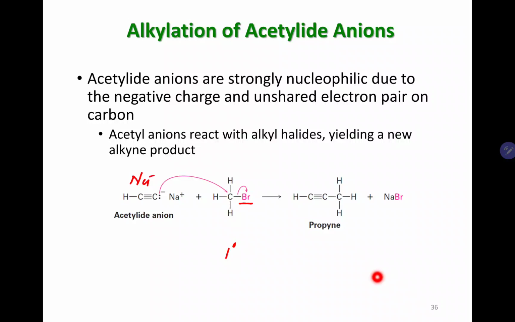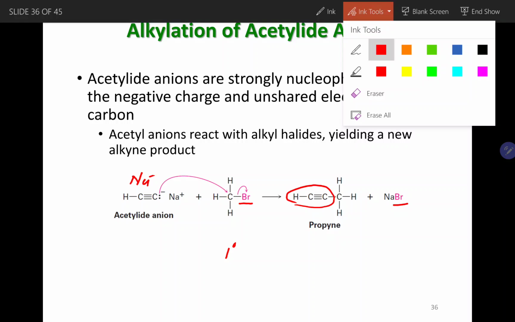In this reaction, the bromide has left, and the acetylide anion has attached to the alkyl halide carbon. Am I correct? Yes, that is exactly what is happening. So this is a substitution reaction. The nucleophile is substituting the bromide.